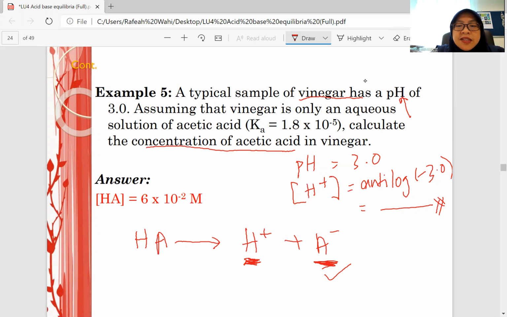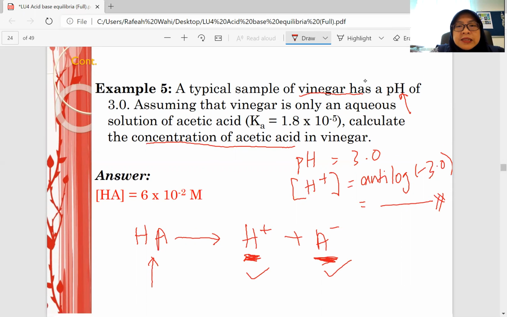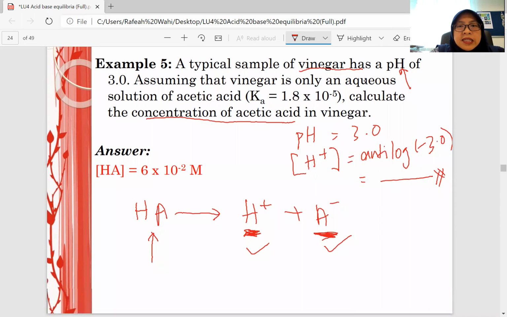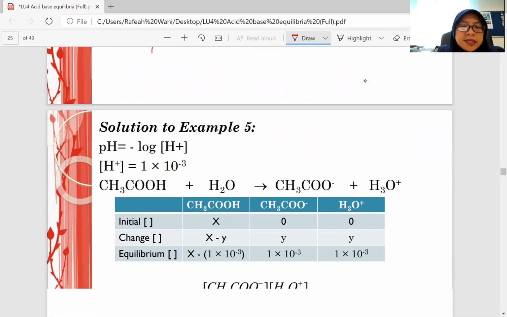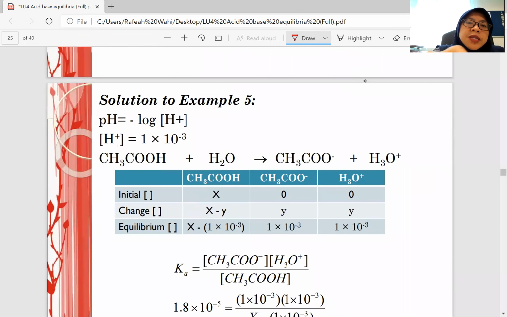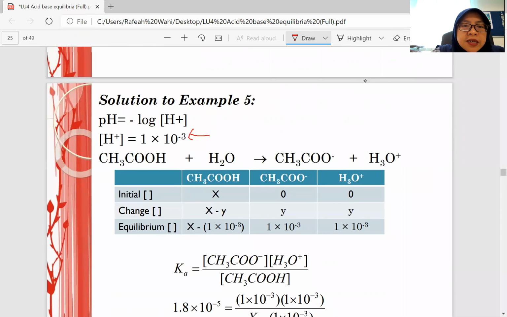So you already have this information, you can find the concentration of acetic acid, the weak acid, right? So from here, we know that H plus ion just now is equal to 1 times 10 to the power negative 3.